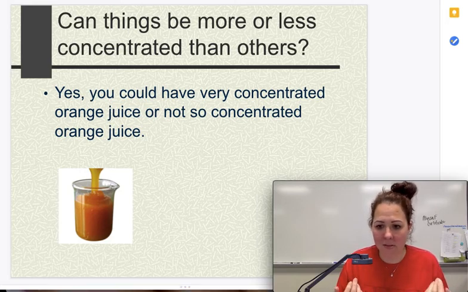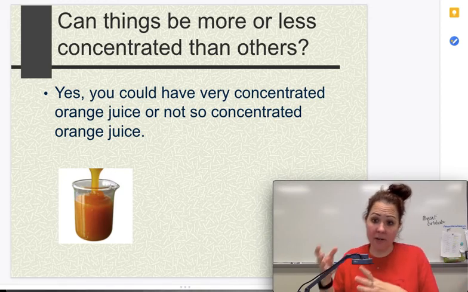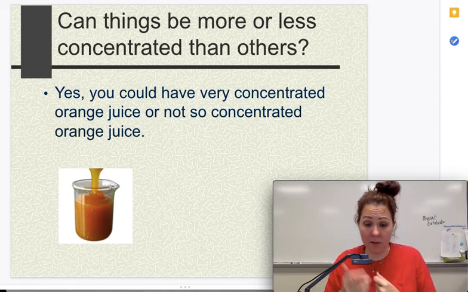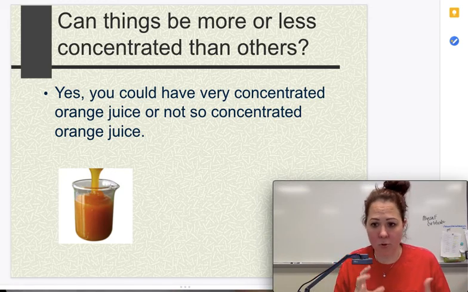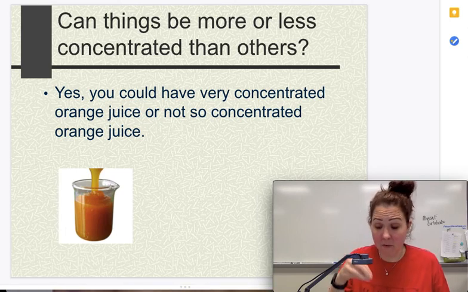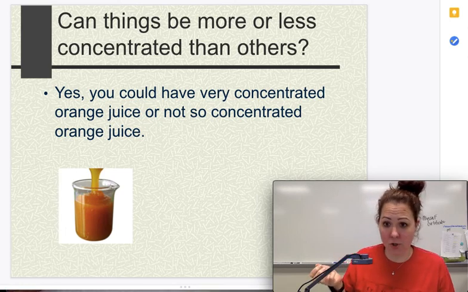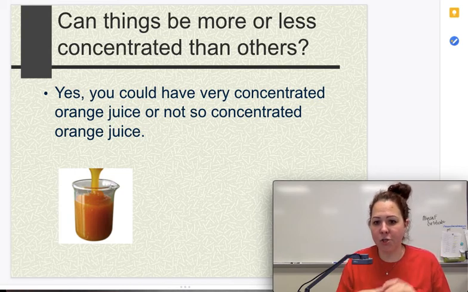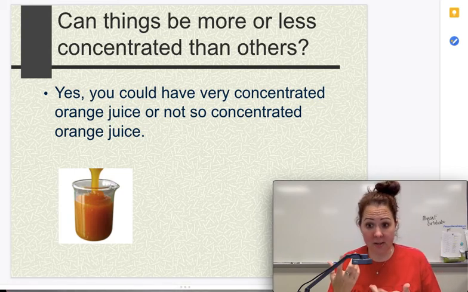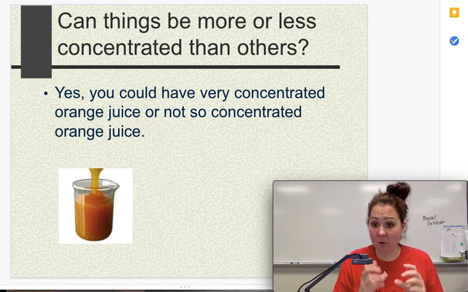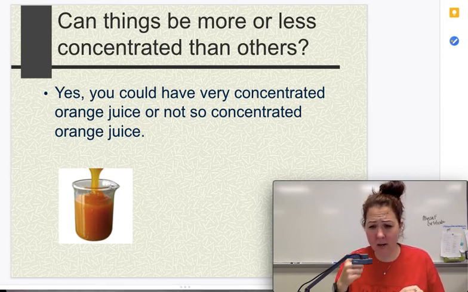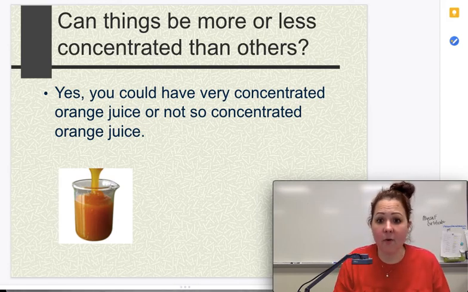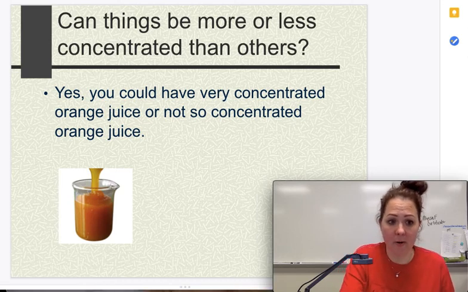All that means is they took oranges, evaporated some of the water away, transported it, and then reconstituted it. Or you buy the concentrate in the freezer section and add your own water, so there's less packaging. So you can have more concentrated orange juice and less concentrated orange juice. If you ever try the concentrate by itself, it's really intense in flavor because it doesn't have the water there.